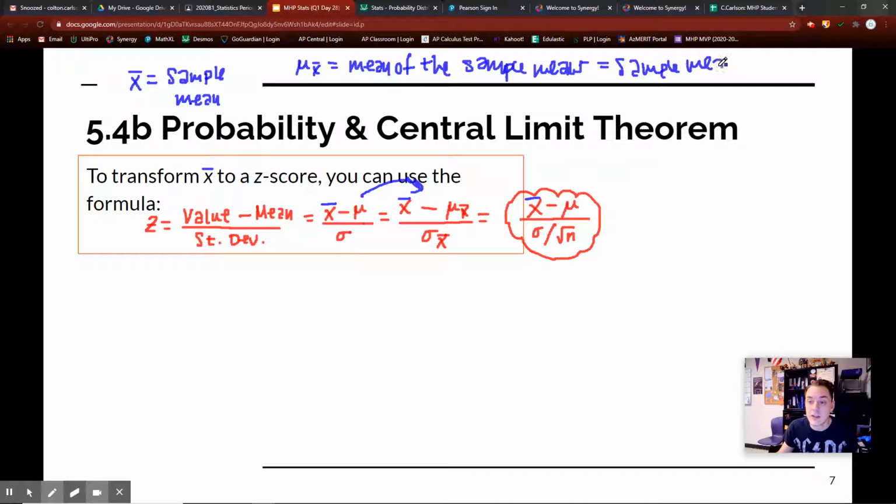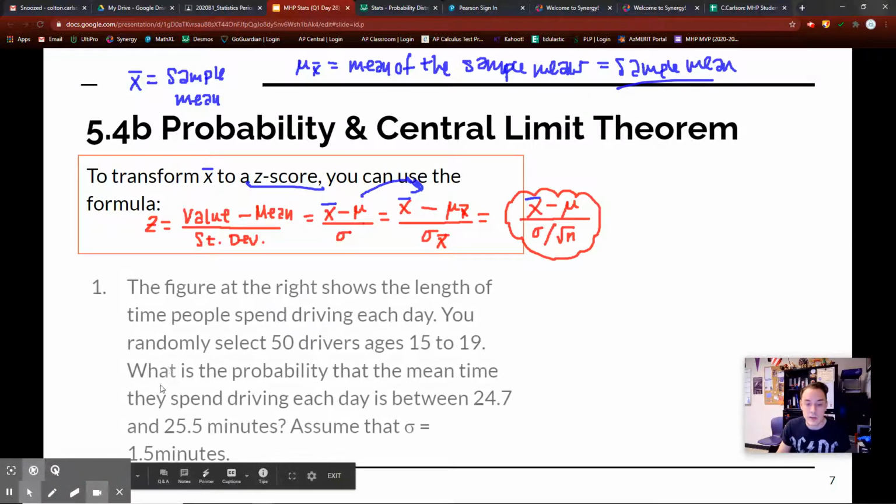I know it is confusing with the stats lingo, but just know that we're taking sample means, and we're performing arithmetic on them, namely z-scores, finding it standardized, so that we can see how it relates to the population.